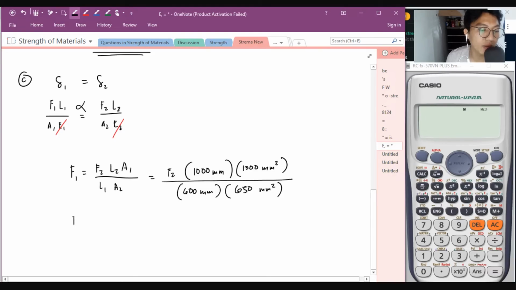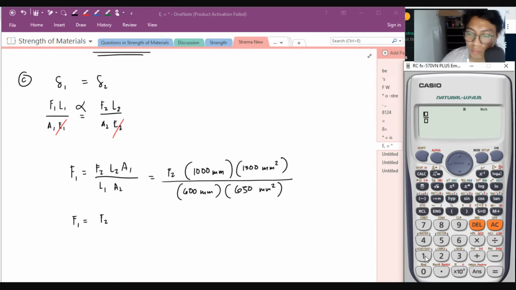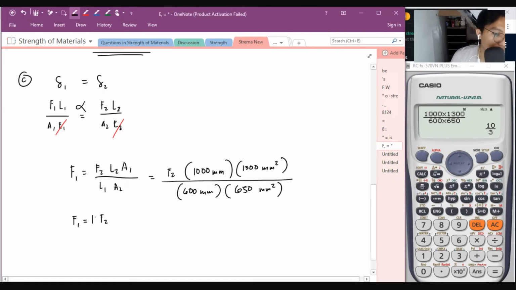Makuha na natin yung ratio ng F1 to F2. 1,000 times 1,300 divided by 600 times 650. The answer is 10 over 3. So, F1, yung ratio nila is 10 over 3 ni F2.